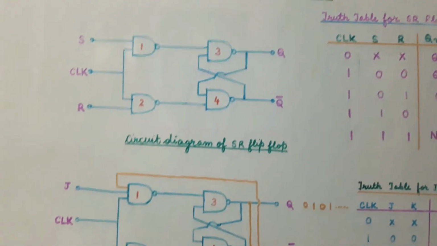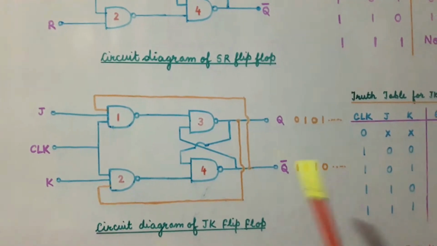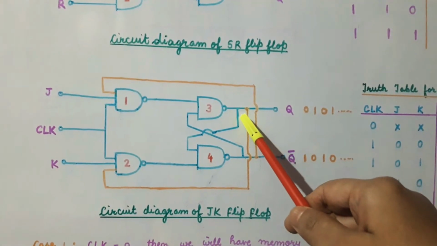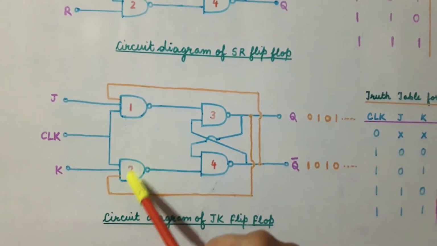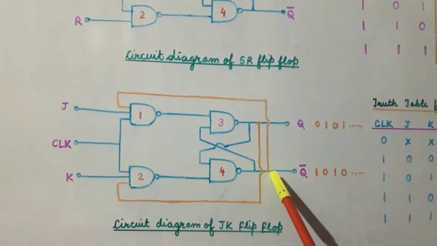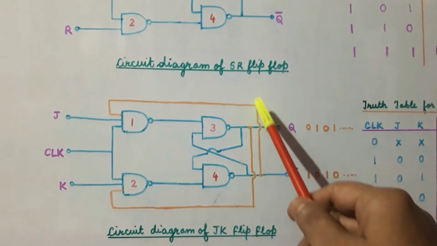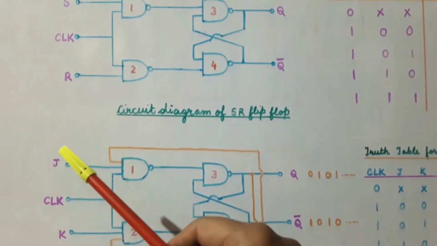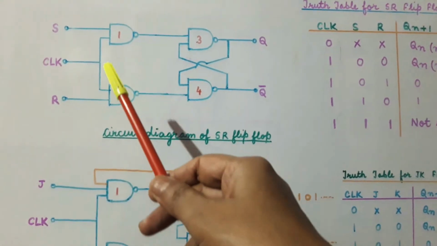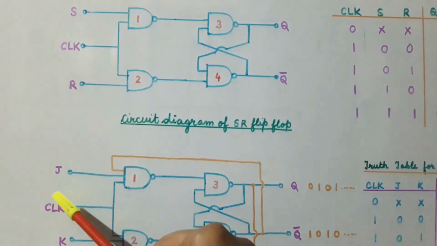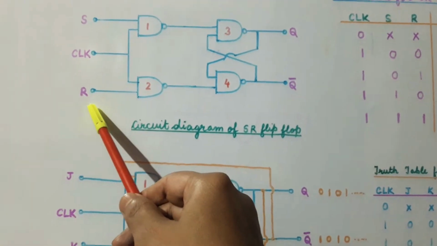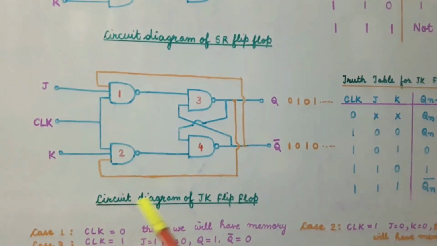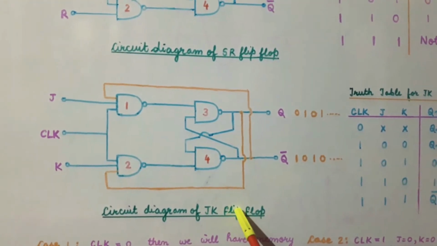So we will get a circuit as shown in this figure. Now the input S has been renamed as J and the input R has been renamed as K, and so this is the circuit diagram of the JK flip-flop.